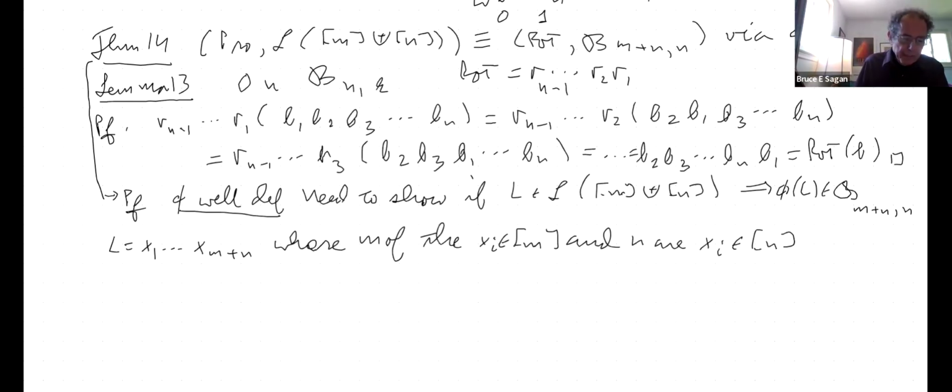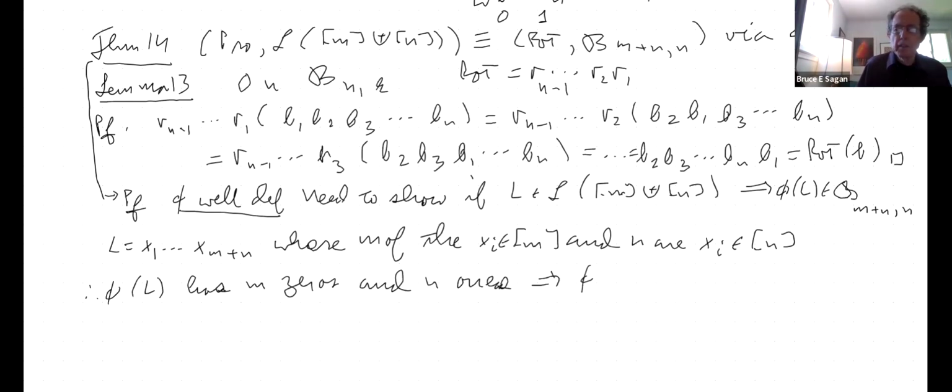So therefore, it's clear that by definition, phi of L has m zeros and n ones. And so it is indeed where we want it to be. Everybody agree that this shows that this is the kind of map we want?